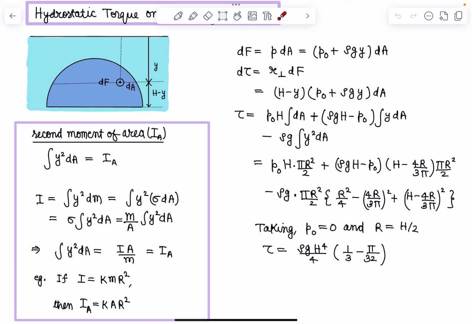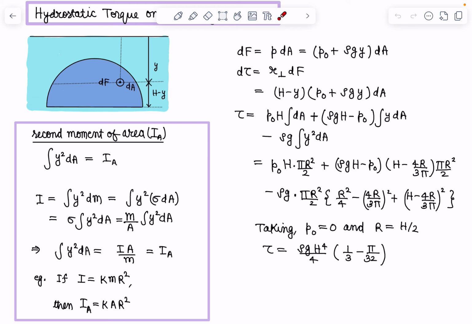In order to find the net torque, we need to have its vector addition, but realizing that the torque due to force on any infinitesimal area will be perpendicular to that surface only, the torque will be directed only along this axis.